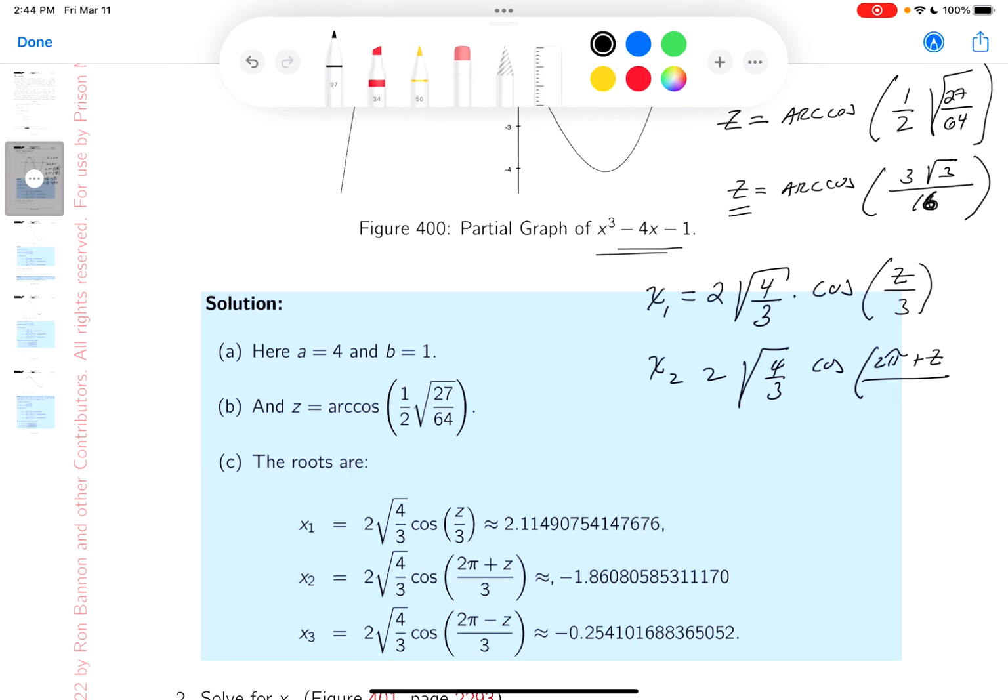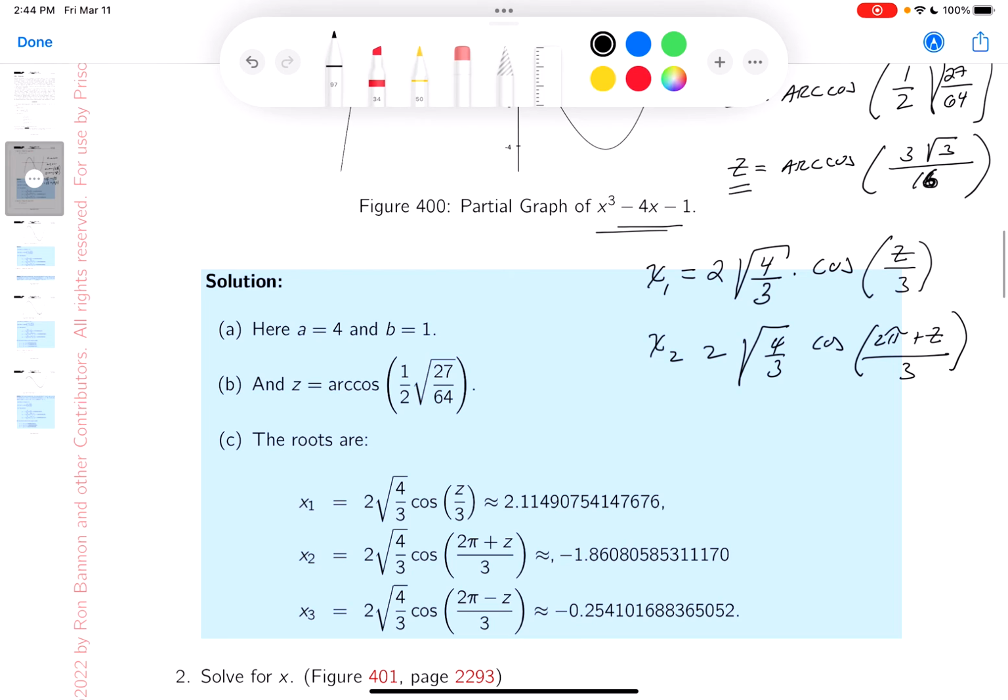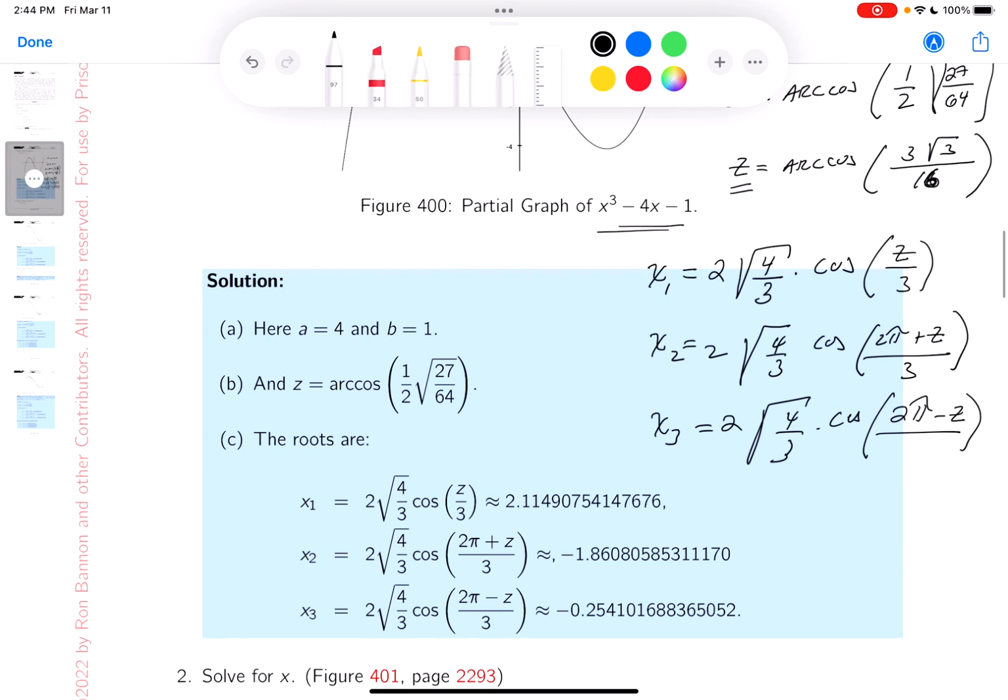And then what do you get in the bottom? You get 3. I'm not opposed to using a calculator to do this. Whoops, sorry, it's that over there. Let me write down X3 now. What's that going to be? 2 root 4 thirds times the cosine of 2 pi minus Z. And again, we've already computed the Z over 3.